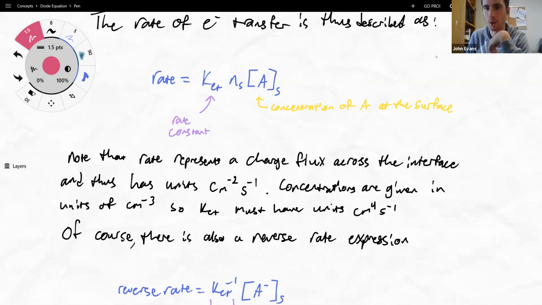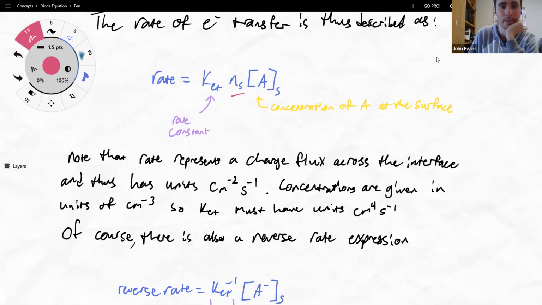We want to know the number of charges that are crossing per unit area per unit time. That's what the charge flux across the interface is. And both of the concentrations, both N sub S and A sub S, are going to be given in units of inverse centimeters cubed.